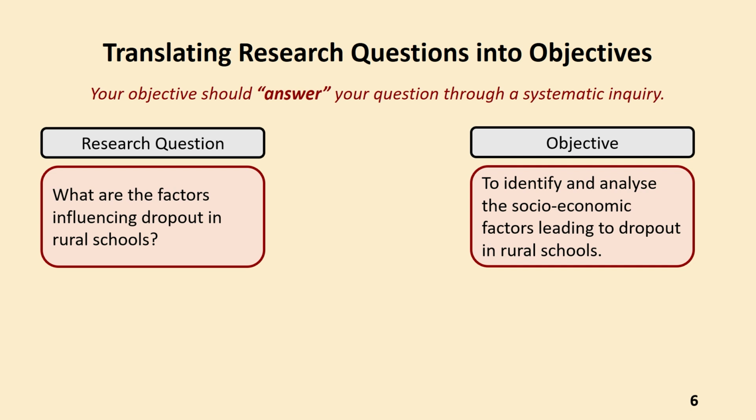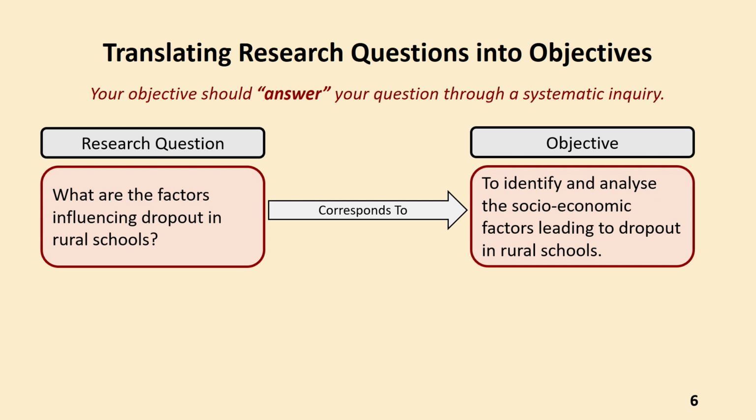And you can see the objective: to identify and analyze the socio-economic factors leading to dropout in rural schools. Here clearly you can see on the screen that the research question is corresponding to and supporting the objective.